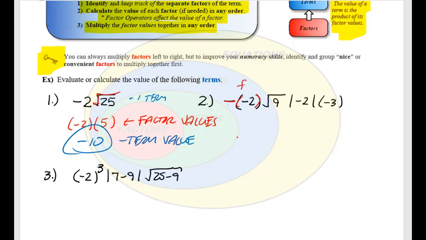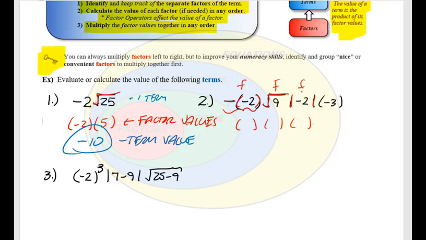I want to know its factor value, and I'm just going to put a set of parentheses there for the value of that factor. The square root of 9 is another factor. This square root of 9 involves another factor, so I'm just going to use parentheses again to leave room or to understand that I need that factor value.